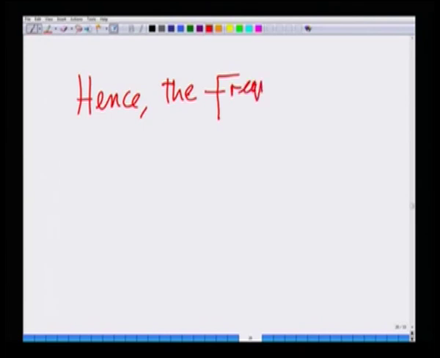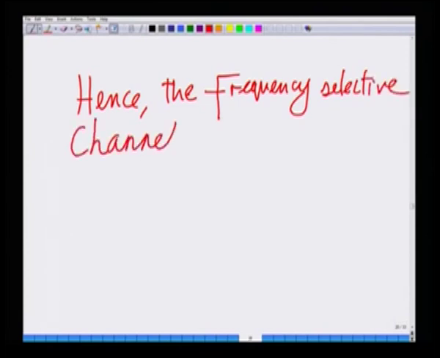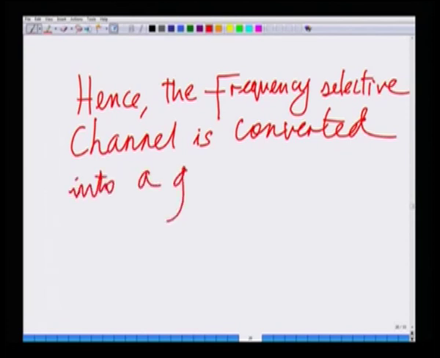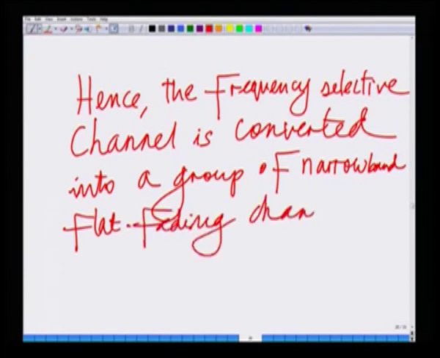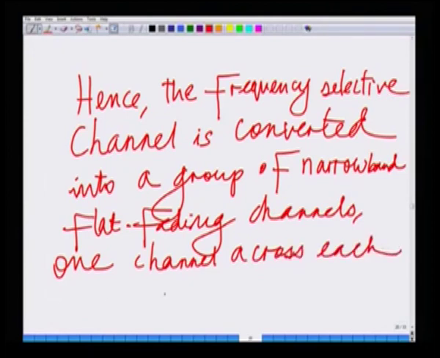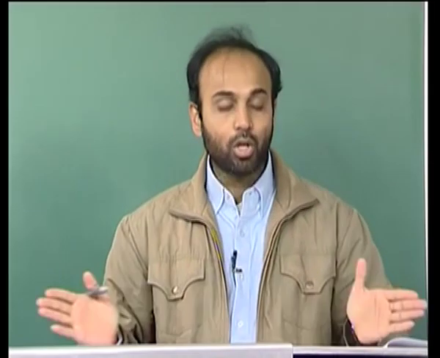Hence the frequency selective channel is converted into a group of narrow band flat fading channels.